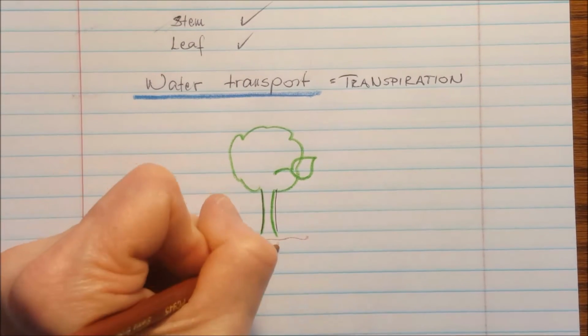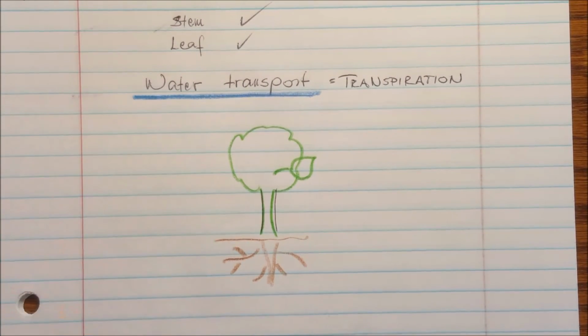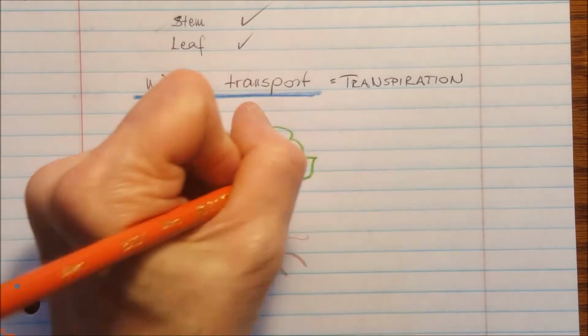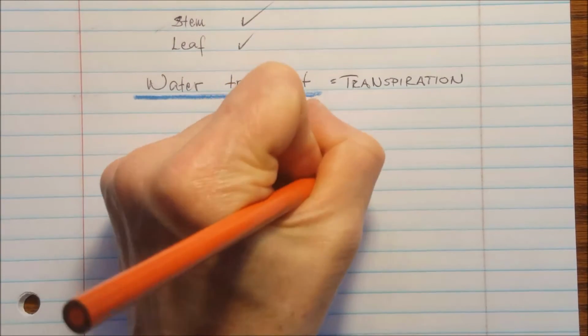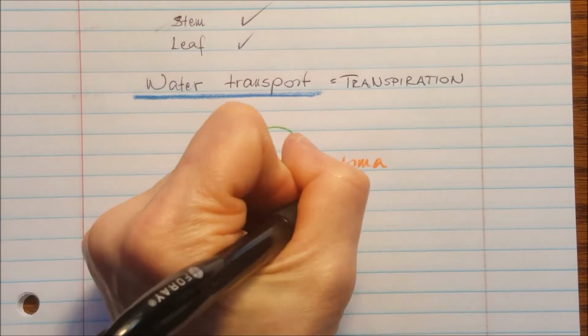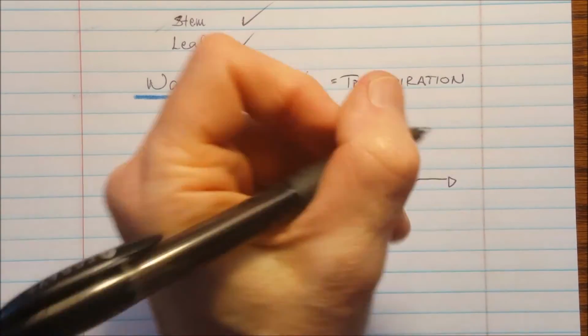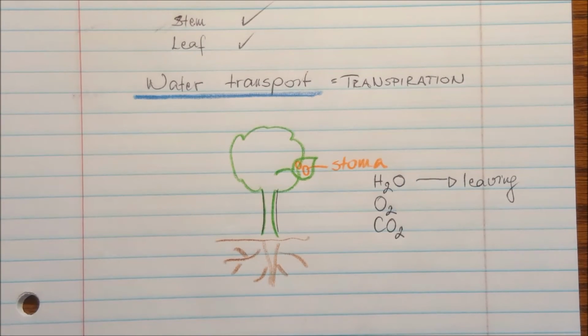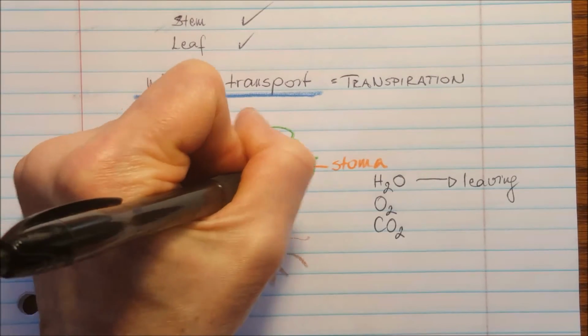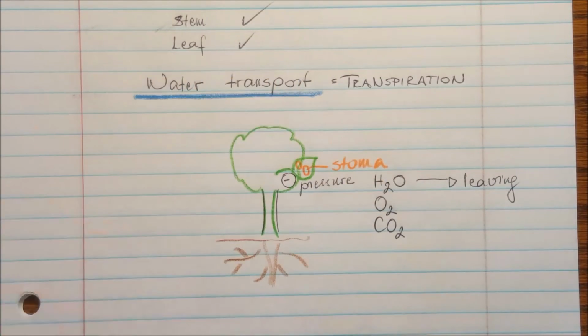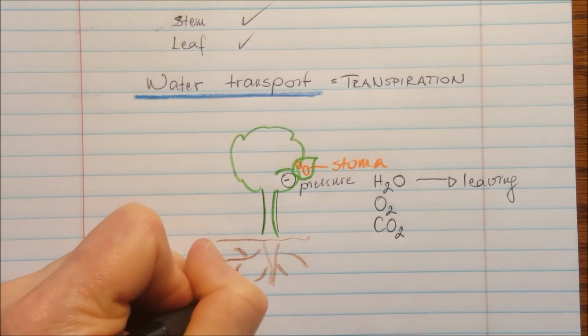So here's the tree and the roots and the leaf on the branches, and the leaf's back surface contains stoma, an opening for water, oxygen, and carbon dioxide exchange.